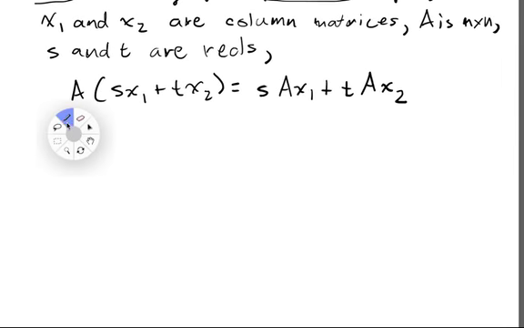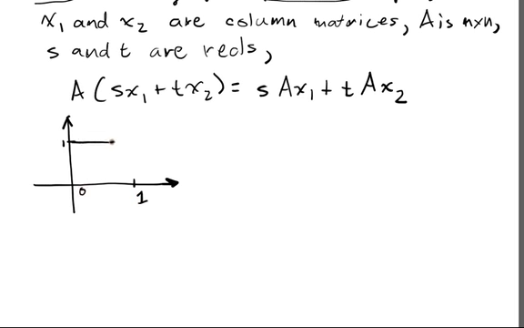We can ask, for example, in the 2 by 2 scenario, the following question. Say this is 1, and this is 1, and this is 0. So we have the unit square here.